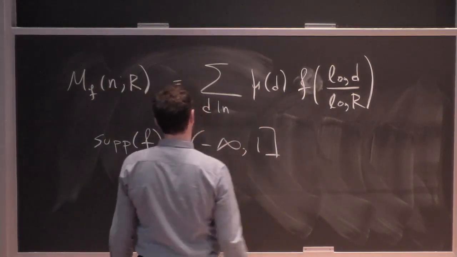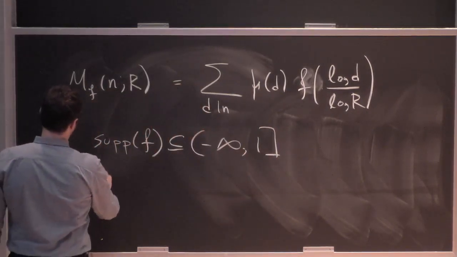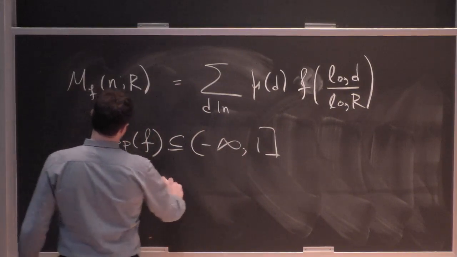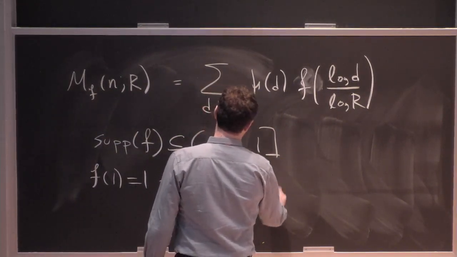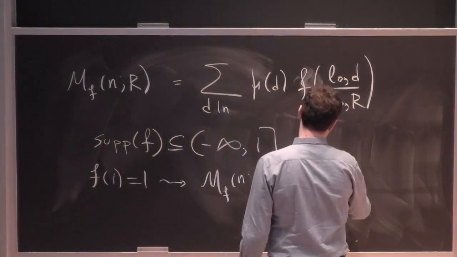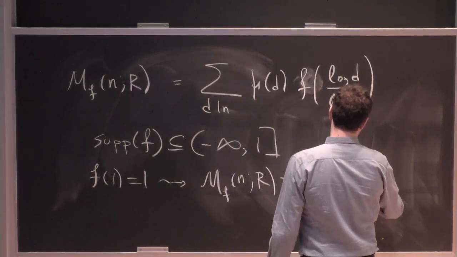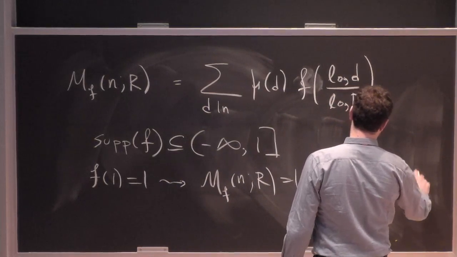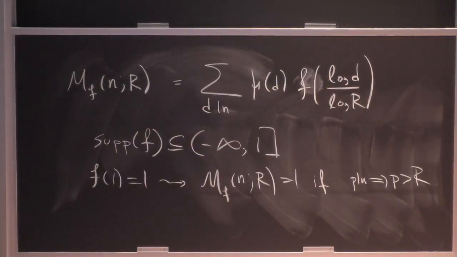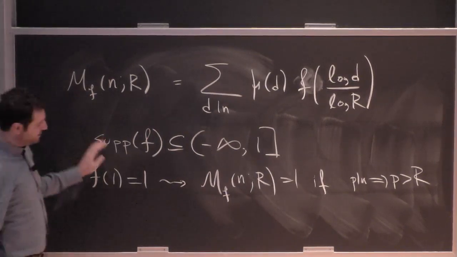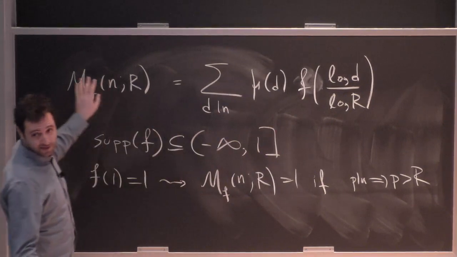And I also assume that F of 1 is 1. What this implies is that M_{F,R} of n is 1 if n doesn't have any prime smaller than R. So if this is a genuine sieve weight, these kinds of integers should be dominating its average behavior.